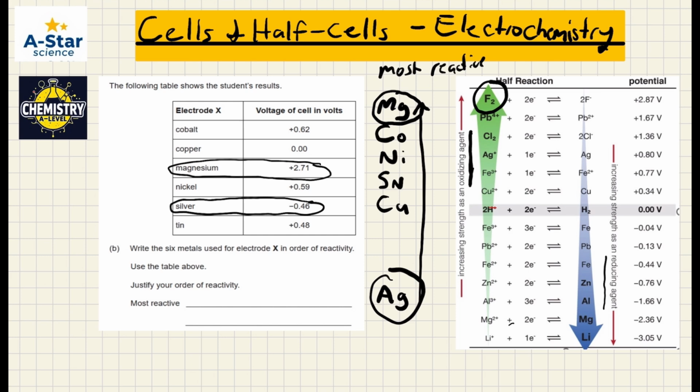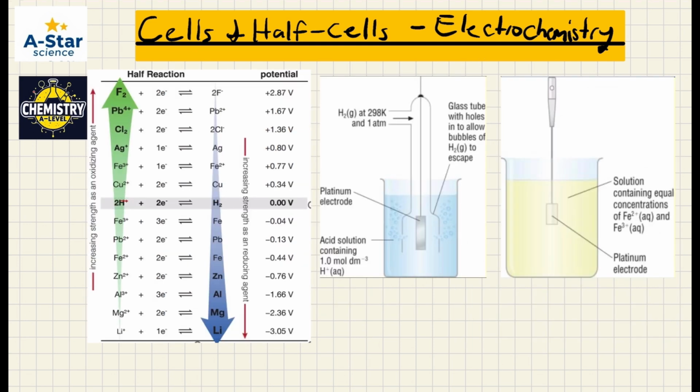So this is really important to understand before we talk about the last part of the video, which is the different types of half cells. So the final part of the video, we're going to be talking about the different types of half cells. We already showed at the beginning of the video a half cell where we had a metal ion.